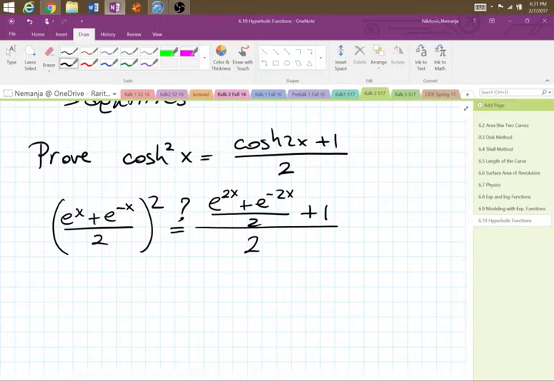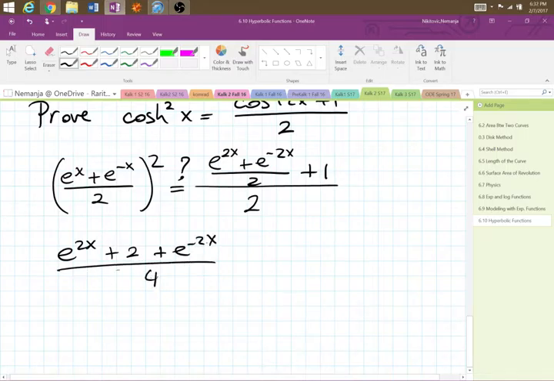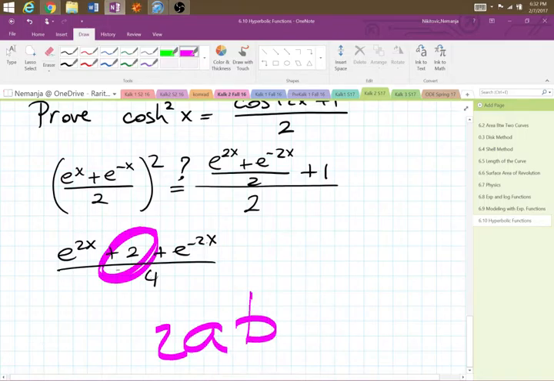All right. Well, thou shalt square on the left, right? What do I get? e to the 2x plus 2 plus e to the minus 2x over 4. Is anyone screaming, what? Yeah, the middle term, 2ab, when you square something, right?